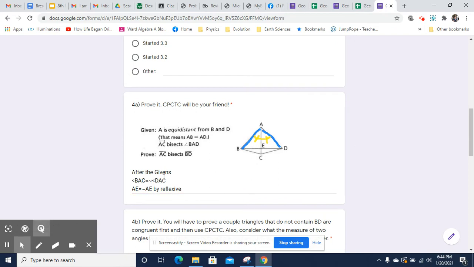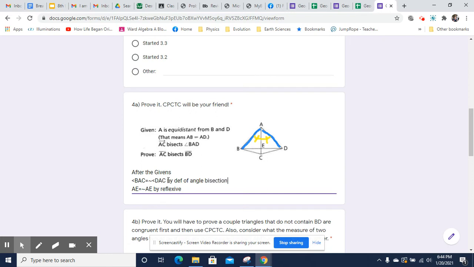And by the way, this one I should have stated, those angles are congruent by definition of angle bisection. So now let's label that reflexive side that we now know is congruent to itself.